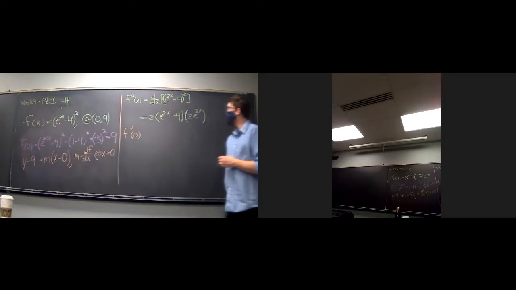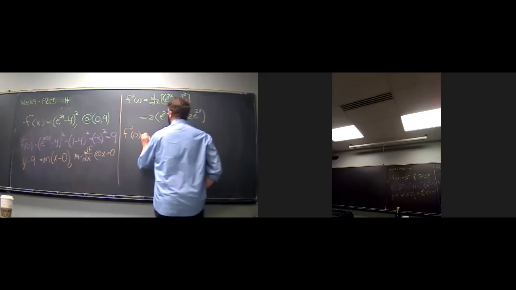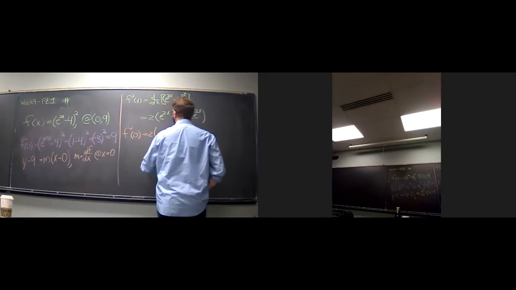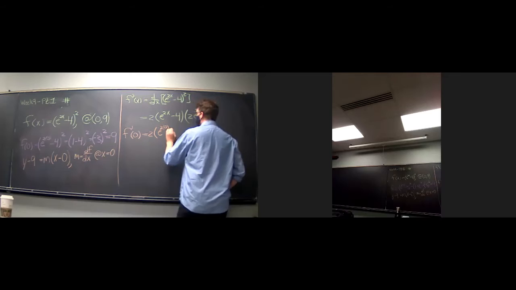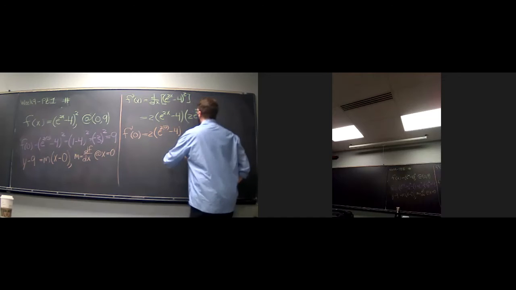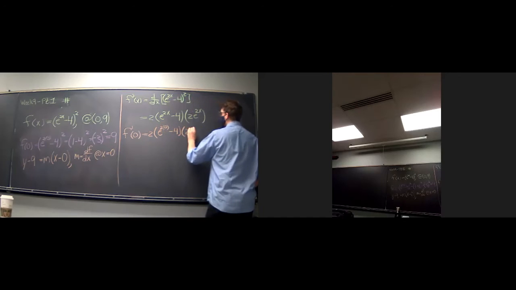So now we need to evaluate our derivative when x is equal to 0. That's going to come out to be 2 times e to the 2 times 0 minus 4 times 2 e to the 2 times 0.